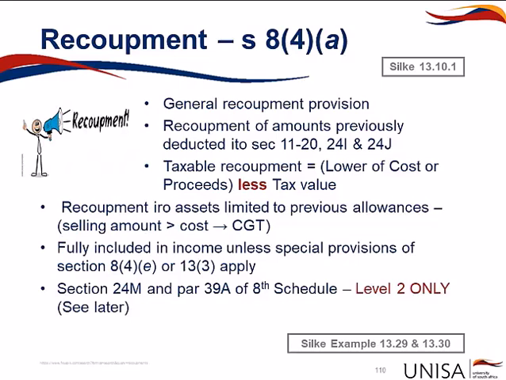We will take this recoupment and we will fully include it in income unless there is a special provision that allows us to roll it over or gives us some kind of recoupment relief. We also need to consider section 24M, which is our unquantified amounts, and that's relating to level 2, and we'll have a look at that a bit later.